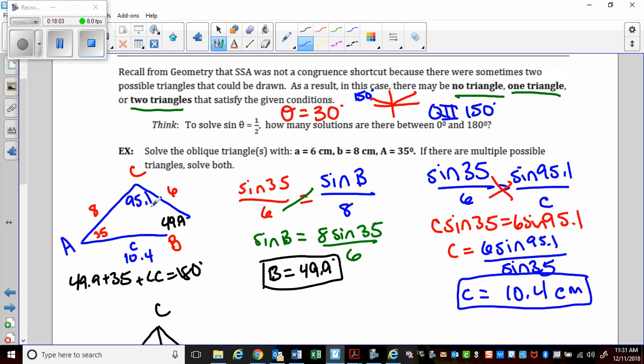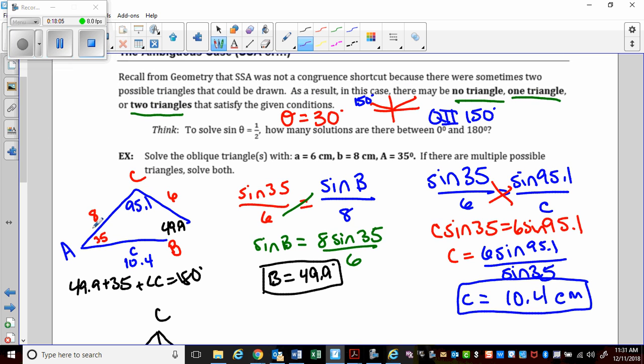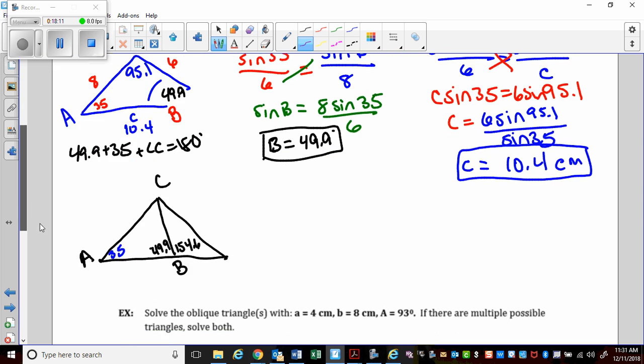So the ambiguous case means that this triangle could be split up into two triangles. So instead of B being 49.9, this angle could be 49.9, and then we're always going to subtract it from 180. 180 minus 49.9 will give us 130.1.